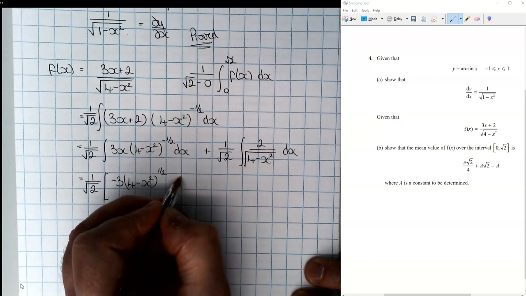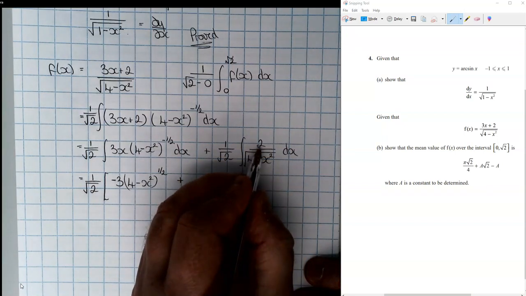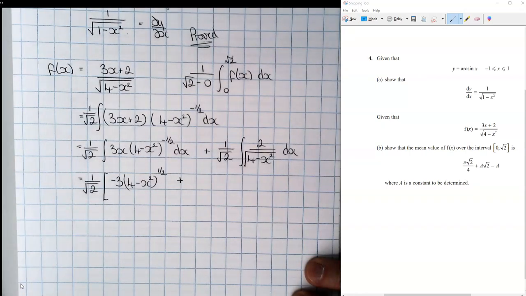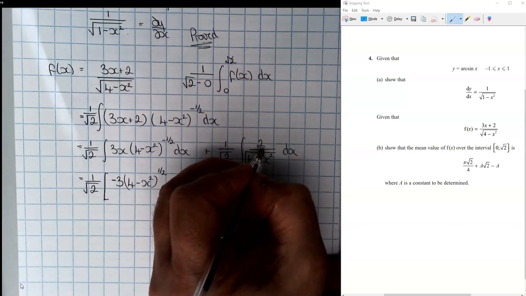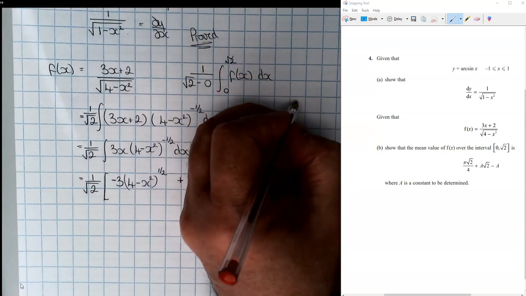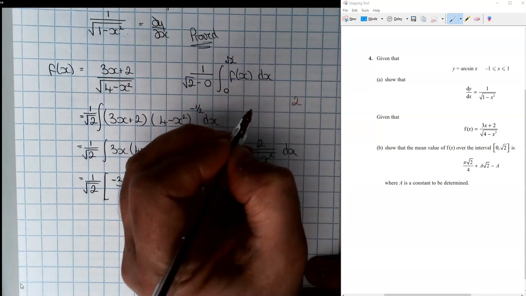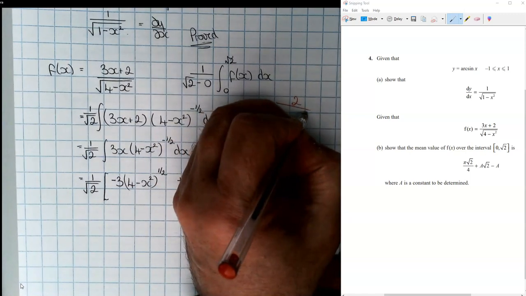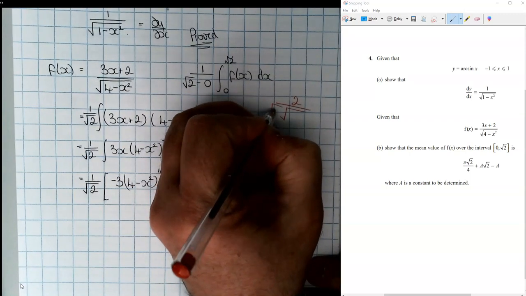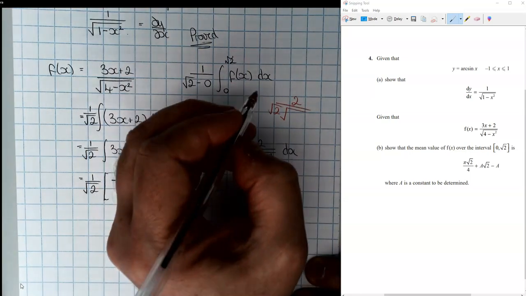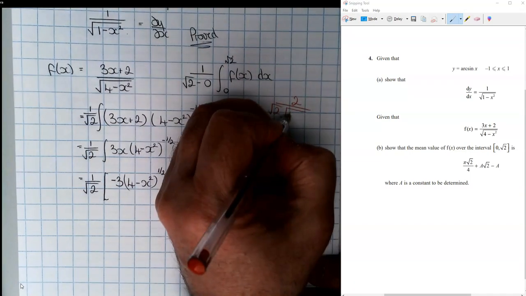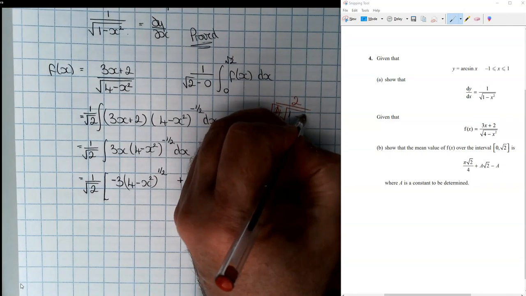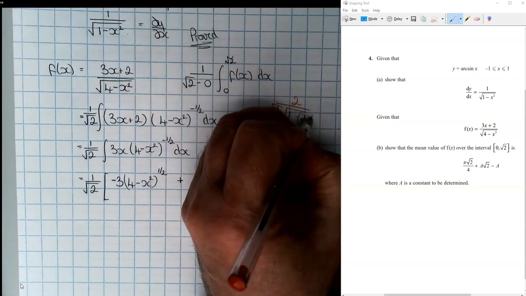Now this one, let's do a different colour pen. So I've got 2 over, if I take the root 4 out, sorry, root 4, apologies, take a factor of 4 out, 1 minus x over 2 squared.